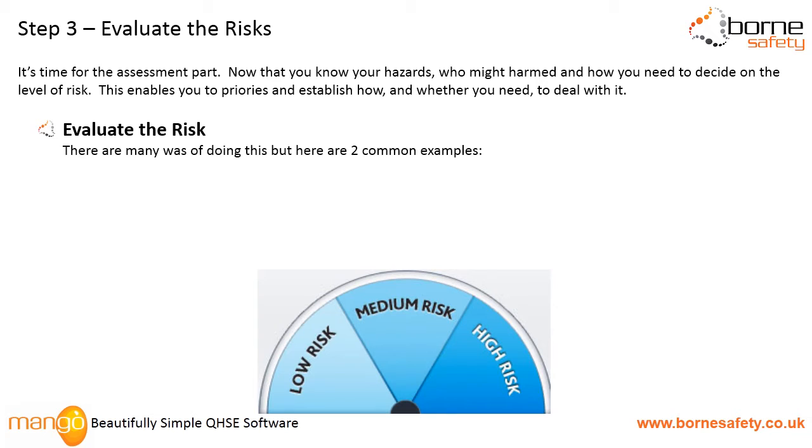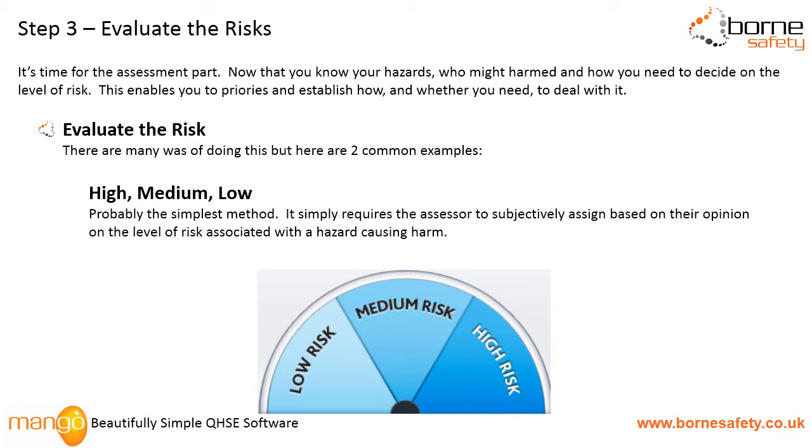Well, there's lots of ways you can do this actually, but I'm going to talk about two particularly common examples, things that I use quite frequently in the workplace to assess risks, to evaluate them. So the first is just a very subjective high, medium or low. The assessor who's carrying out the risk assessment will apply a subjective assessment of the risk, and will just say, I think this is a low, medium or high risk.